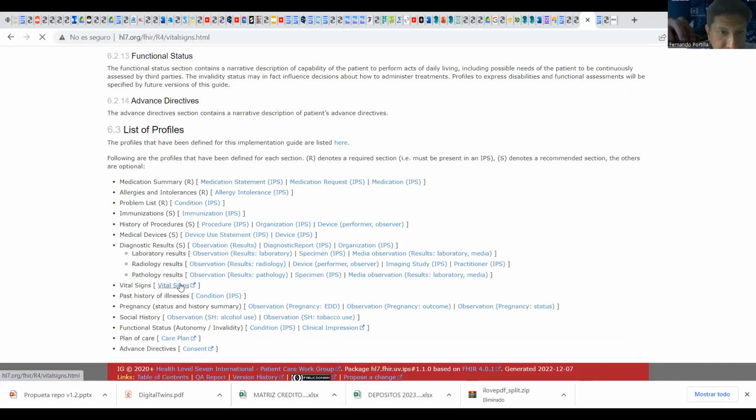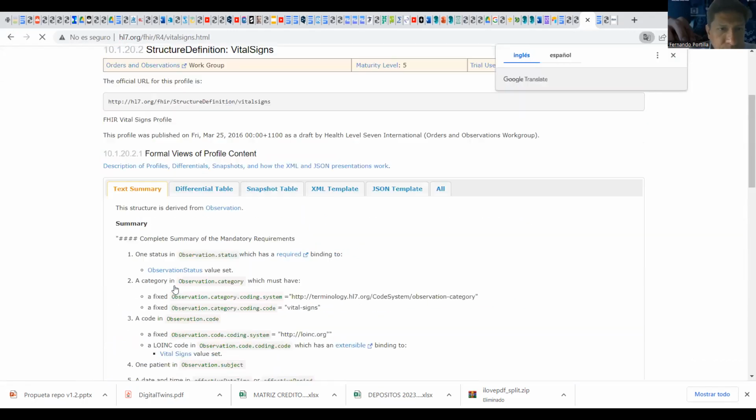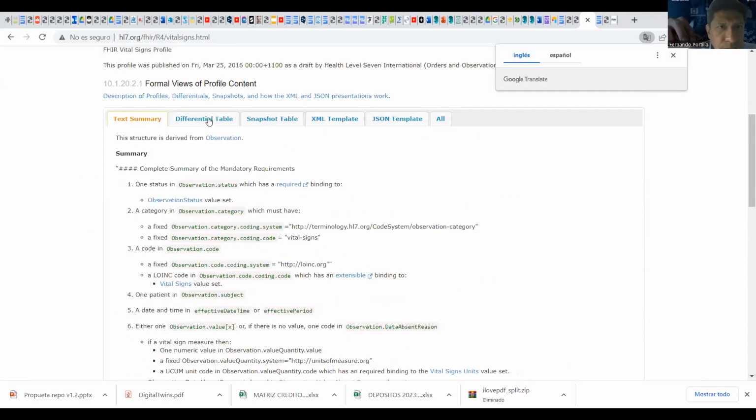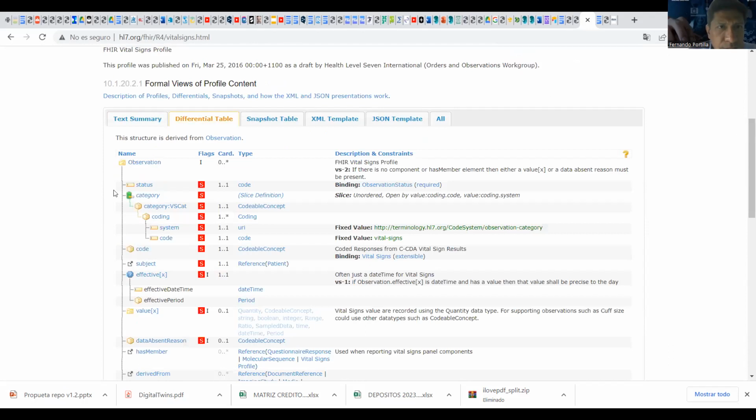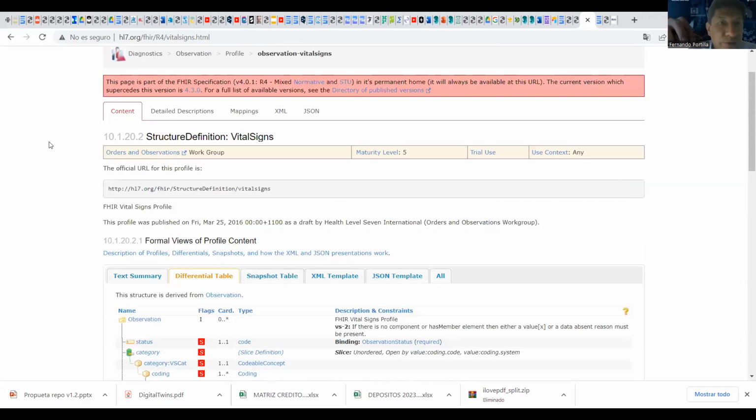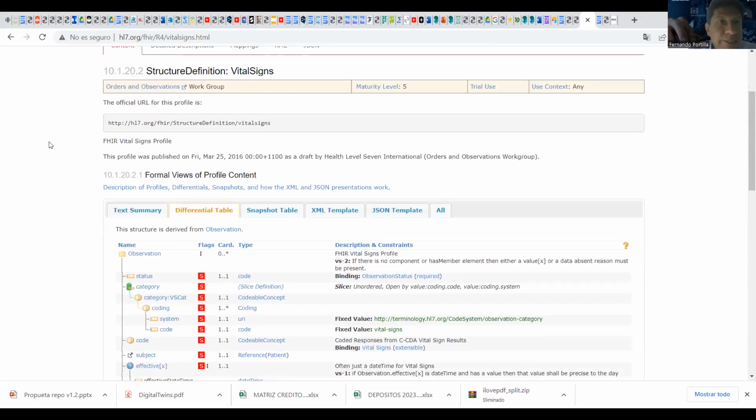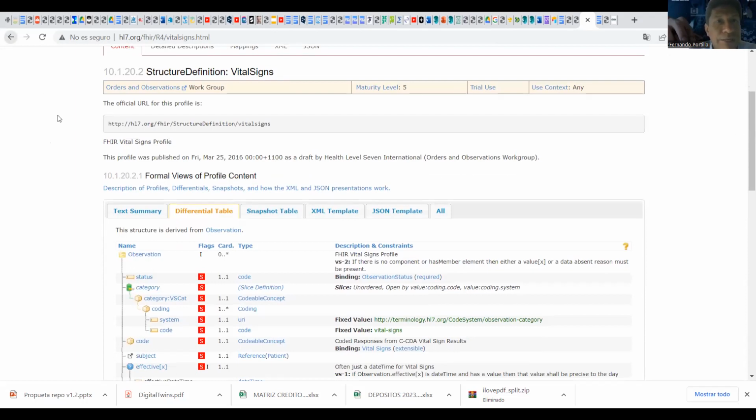This is vital signs, for example. This is the differentiation table. It's an observation because it's a result, vital signs is. There's no FHIR resource called vital signs. It is under observation. So the resource or the vital signs are under observations.